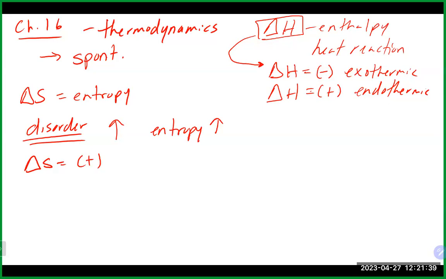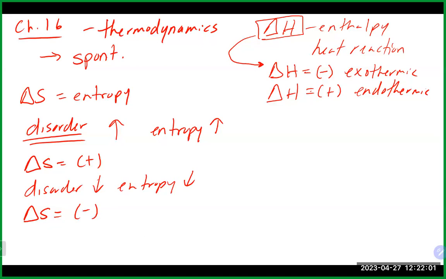And the opposite is true. If we see the amount of disorder go down, which would mean that the order has increased, the entropy would decrease. And what we would see for the delta S is a more negative value for the change in entropy.